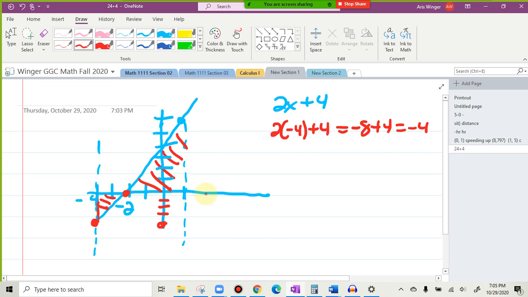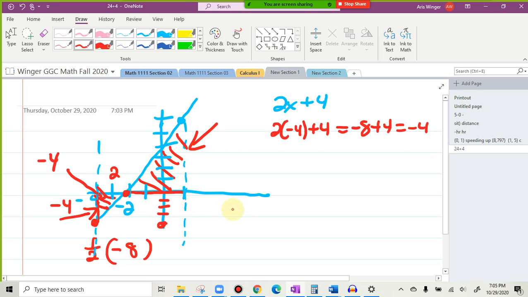And so now I think we are ready. I'm going to add up this area and this area, keeping in mind the signs. The height here is -4. The width is 2. And it's half the base times the height, so the integral here is -4. For this one, the distance from -2 to 1 is 3.